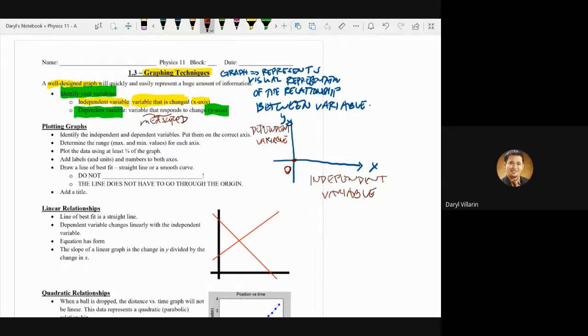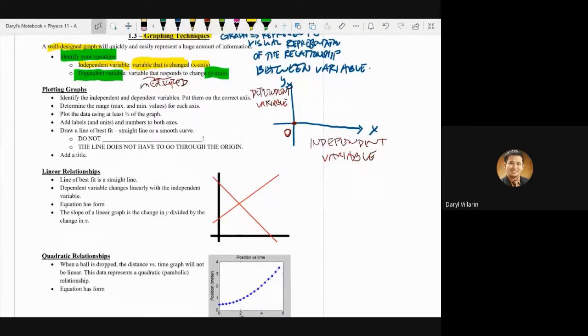Okay, so after you identify the independent and dependent variables, determine the range. You might be thinking of range as just the y values, but range only means your minimum and maximum values, the minimum and maximum value of each axis.